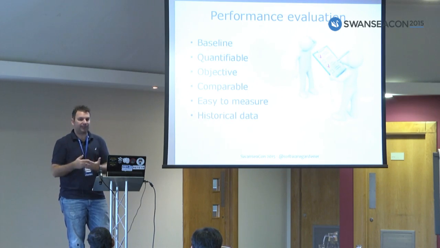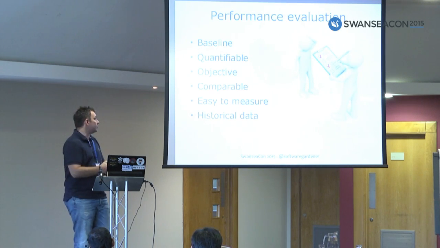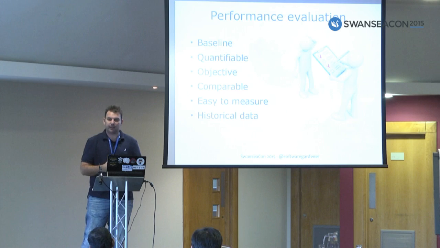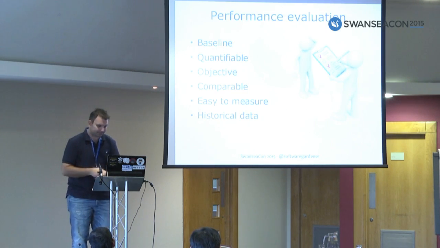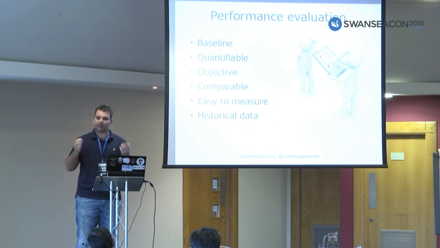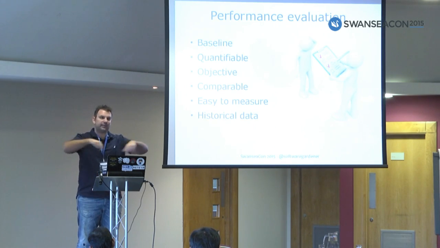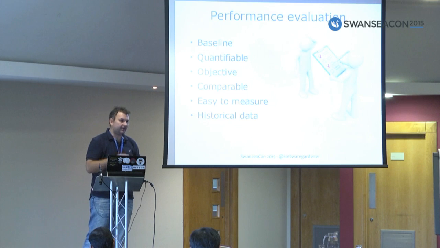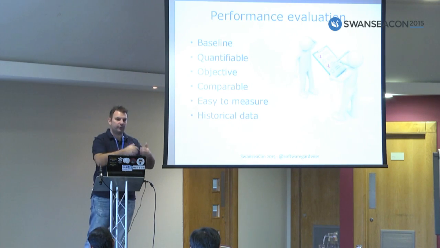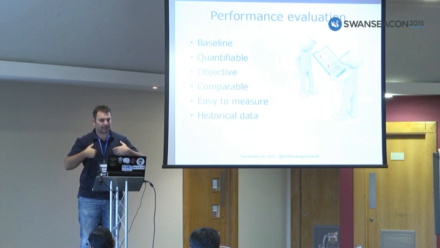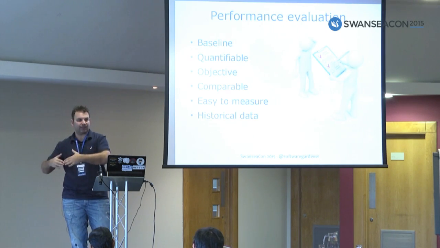This metric should be quantifiable, easy to understand, and objective. Everyone should understand how their performance is measured, and it should be comparable, between teams or inside a team, and if possible, keep historical data so you can improve, not yourself as a lead, but as a company, as teams.